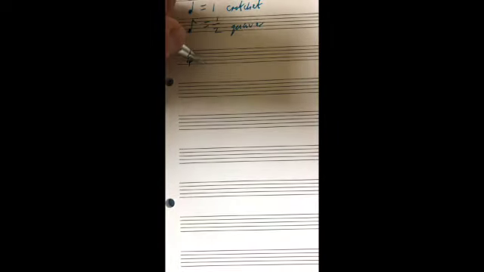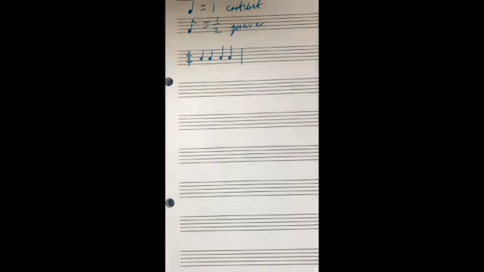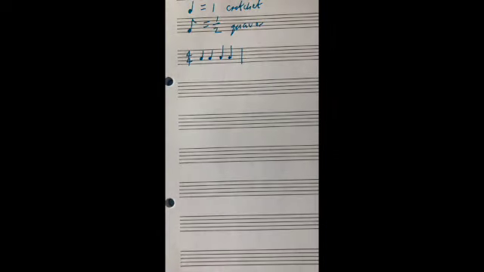So what I could do, if I just use this space here, is put 4 crotchets like that, then a bar line. That bar is full, and if I was to count 1, 2, 3, 4, I could clap it like this. 1, 2, 3, 4. That bar is now finished.